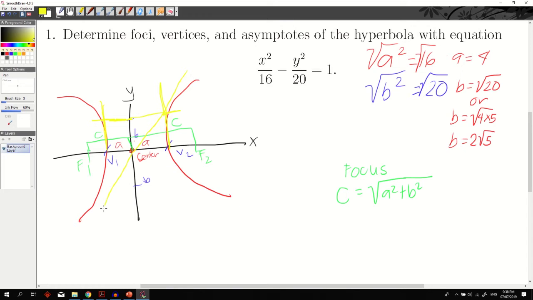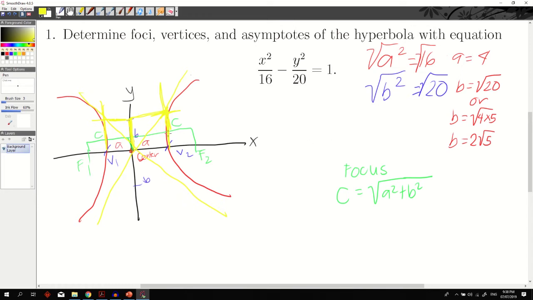That's where the asymptote should be, when this distance b intersects with the distance a. You will get that once we reach solving for the asymptote. So let's go back to the foci.